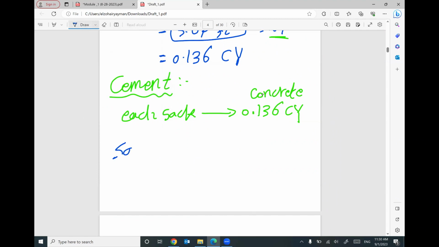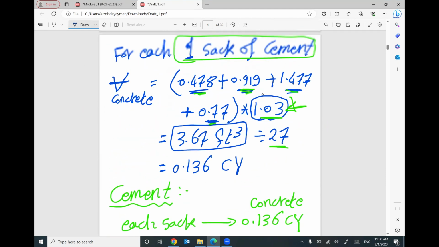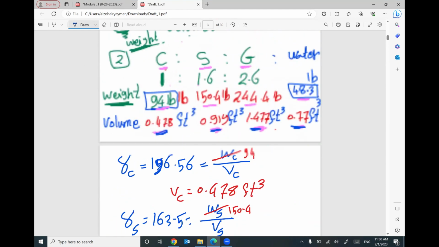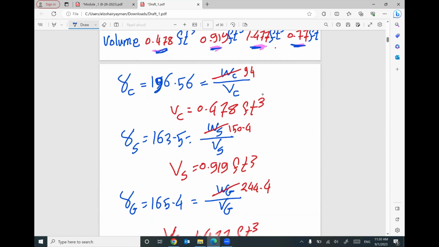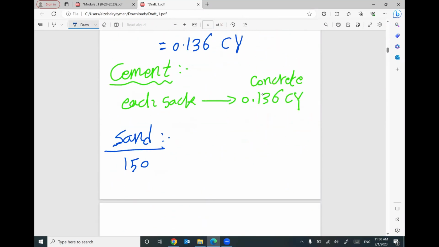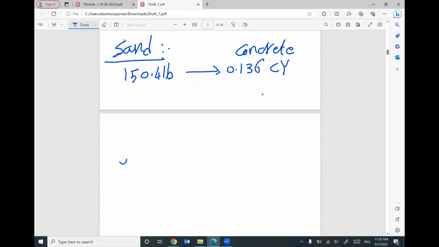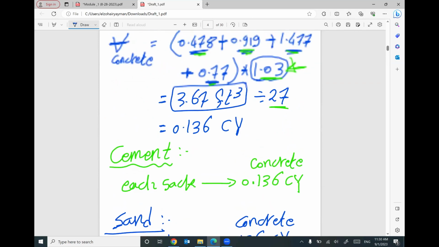For sand, let me go back and grab this number, 150.4. For every 150.4 pound of sand, I can produce 0.136 cubic yard of concrete. For gravel, let me grab this number.